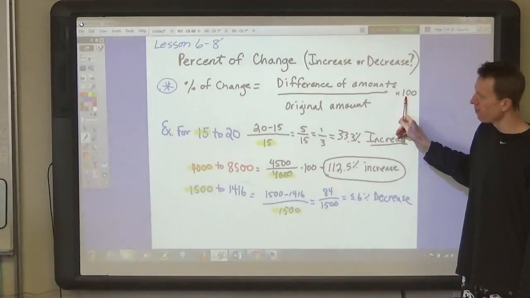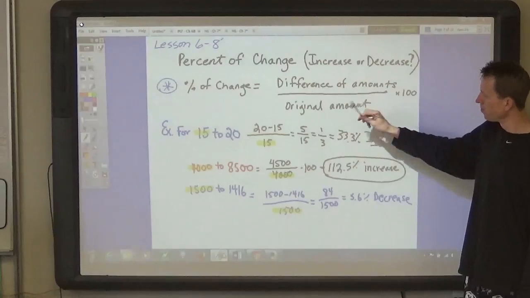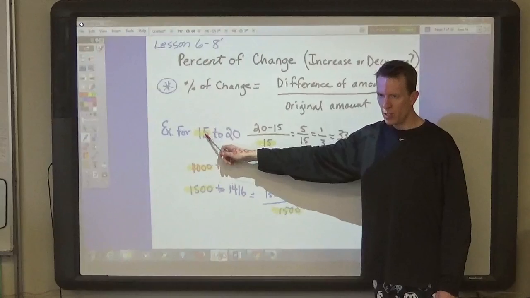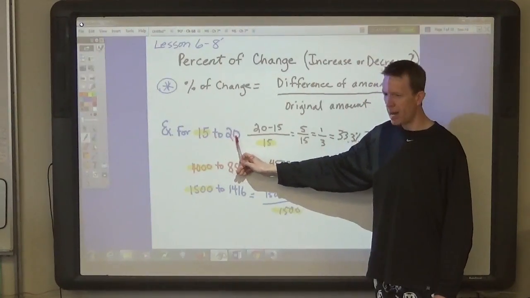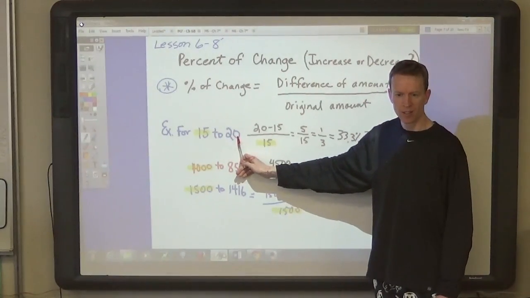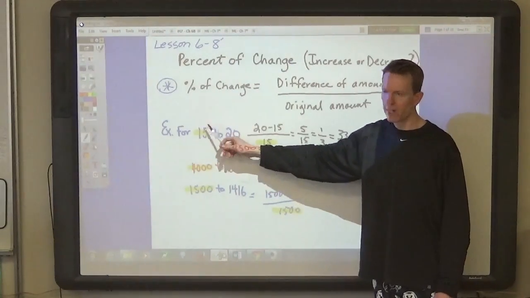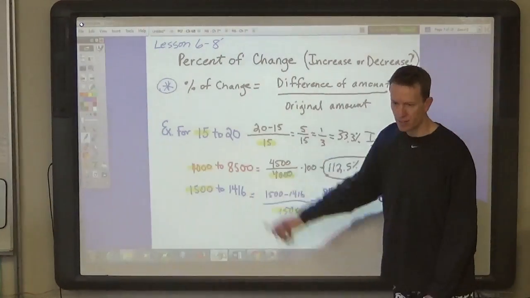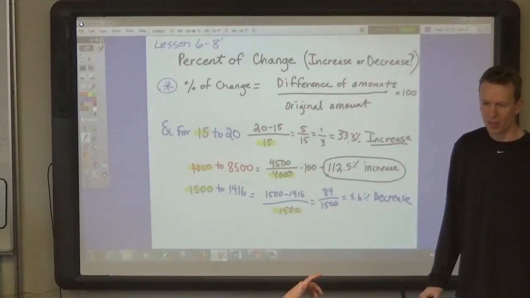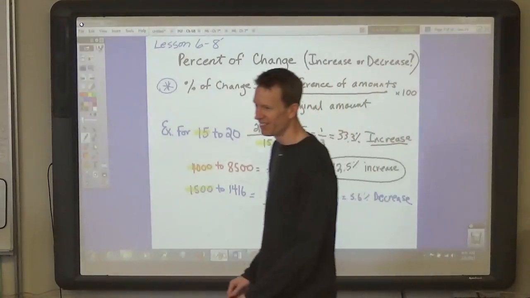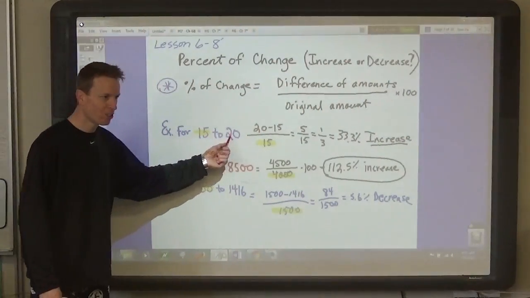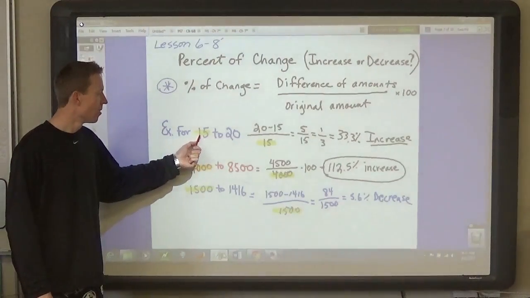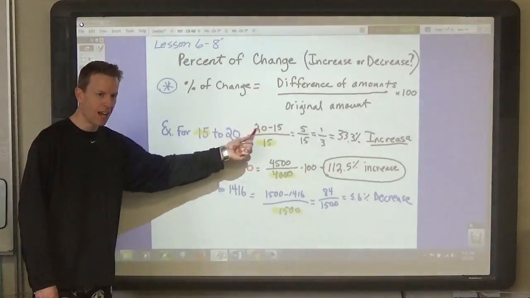Okay? The difference of the amounts. Now, what do you notice about the numbers here? Did we do 15 minus 20? No. So what are we actually finding when we subtract these? Yep. If we subtract 15 minus 20, we're really finding the difference in their absolute values.